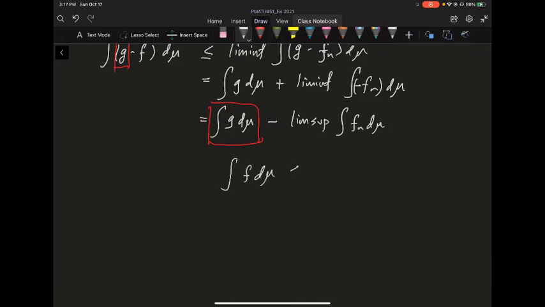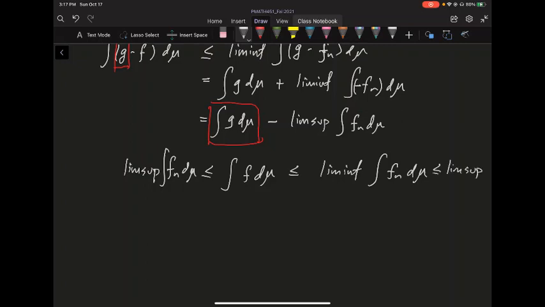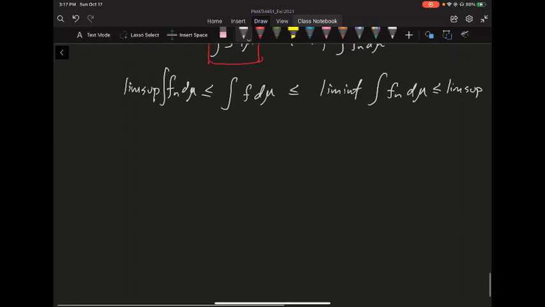The first inequality gives that it is less than or equal to the lim inf of the integral of Fn d mu, and the other gives that it is greater than or equal to the lim sup of the integral of Fn d mu. But lim inf is always less than or equal to lim sup, so everything is equal. Every inequality is actually an equality, so lim inf and lim sup are the same and equal to the limit. So the integral of f d mu equals the limit of these integrals.